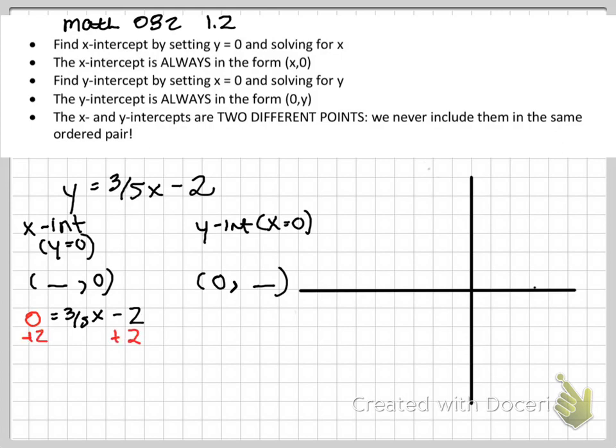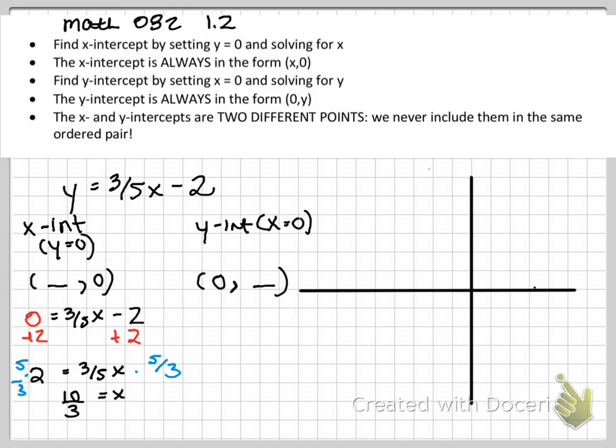Now we have 2 equals 3/5 X. If you recall, the way to get rid of a fraction like 3/5 is to multiply both sides by the reciprocal. This is exactly what I was talking about. 5 times 2 is 10 over 3.